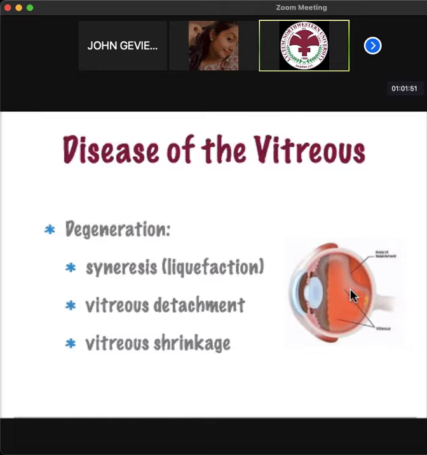The patient's complaint would usually be floaters, which move, unlike a scotoma that is usually permanent in the center. But in the vitreous, floaters usually move on different gazes.